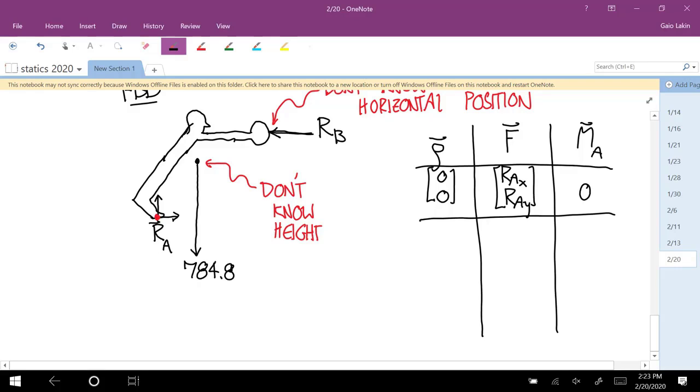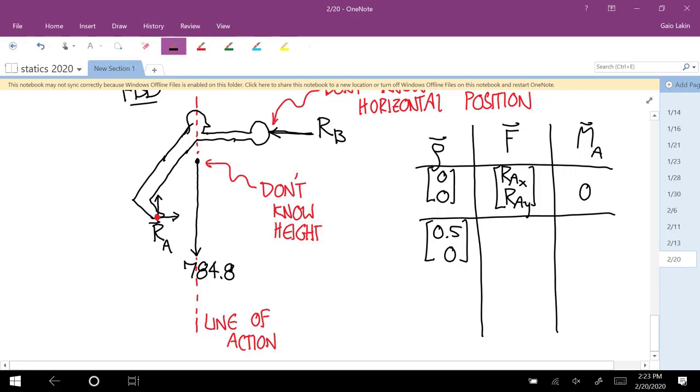And now I'll go to the weight force. Okay, so the horizontal component of the rho vector is positive 0.5. The vertical component we don't know, but we know that it's not going to matter because this is the line of action. So I'm just going to put that in as 0.